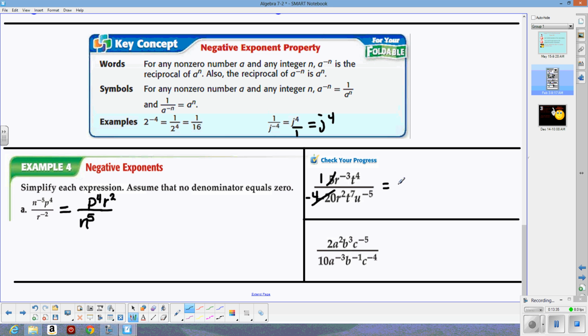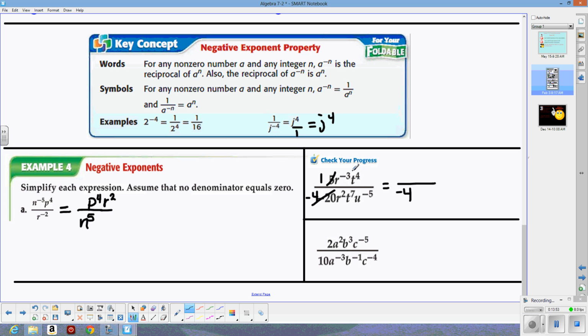So I end up with, on the bottom, negative 4. I could put the 1 up here, but I'm going to have some other stuff there, and I won't really need to show multiplying by 1, so I'm going to just leave that off.